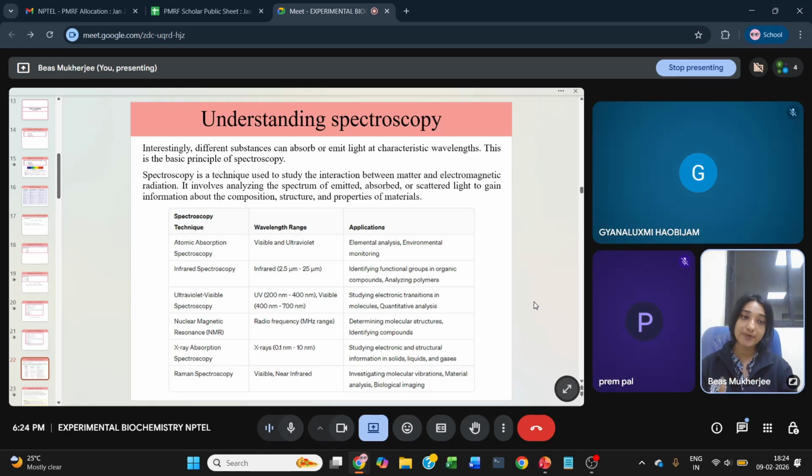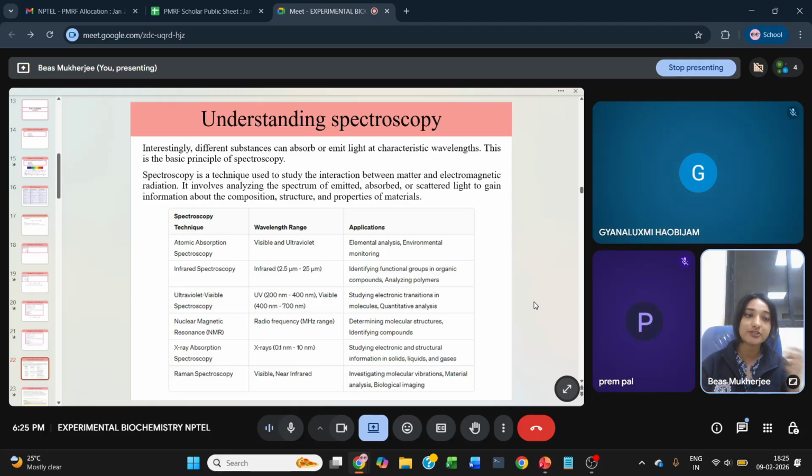Then there is NMR spectroscopy. Here the radio frequency range is used, and proteins and chemical compounds are often NMR active. So determining the molecular structure and identifying compounds is what NMR can be used for.